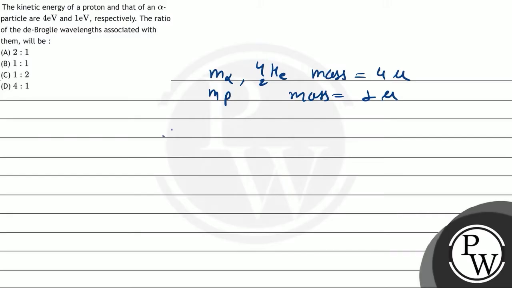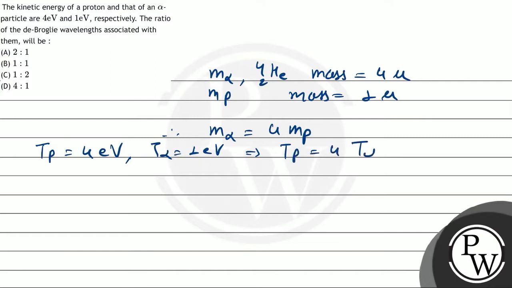Therefore the mass of alpha particle is 4 times the mass of proton. And similarly, it is given in the question that kinetic energy of proton is 4 eV, while kinetic energy of alpha particle is 1 eV, which implies that kinetic energy of proton is equal to 4 times kinetic energy of alpha particle. Correct.